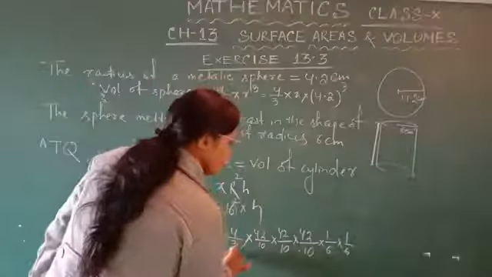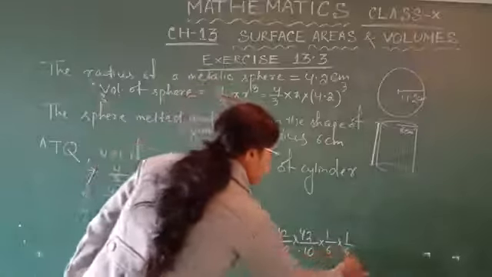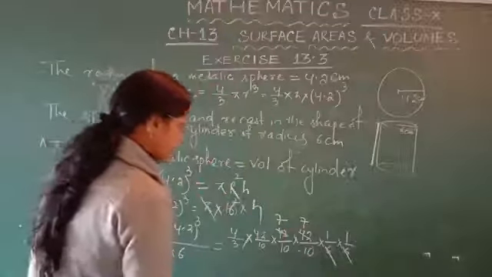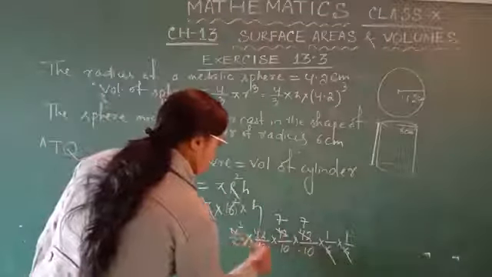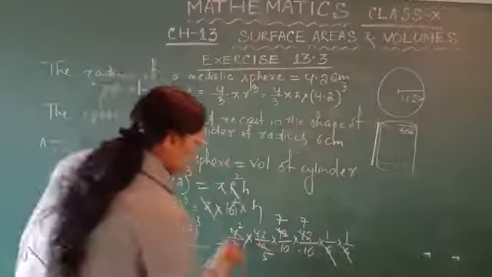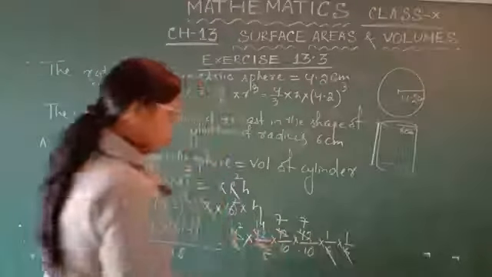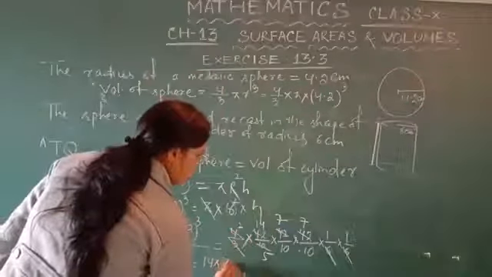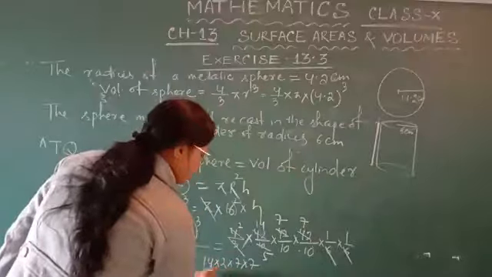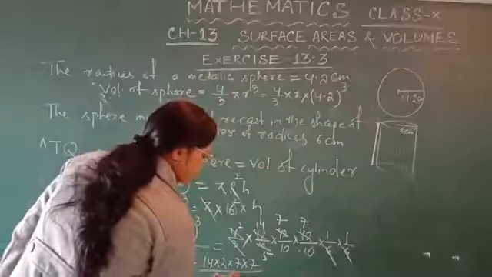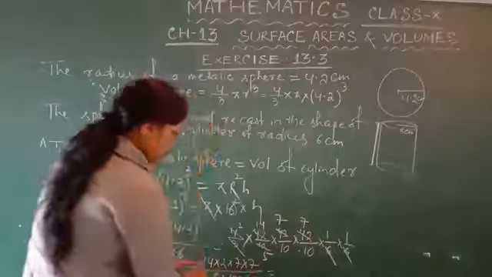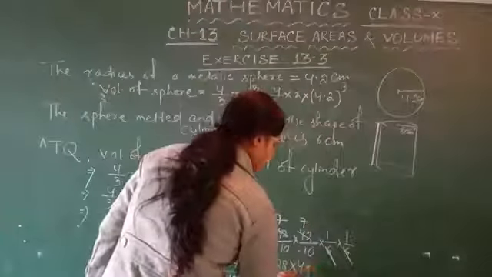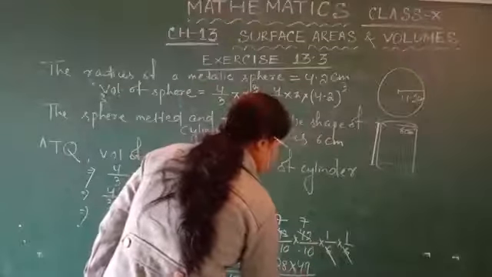Now here you see, 6 sevens, here is also 6 sevens. Then 2, 2, here is 2, 5. 3 cancel, that is 40. So this is equal to 40 into 2 into 7 divided by 5 into 10 into 10. That is 14 into 2, 28 into 7 into 7, 49, divided by 5 into 100.